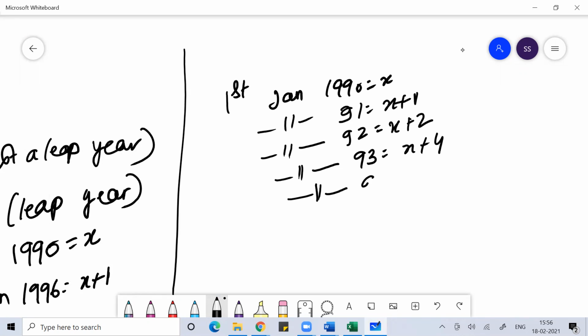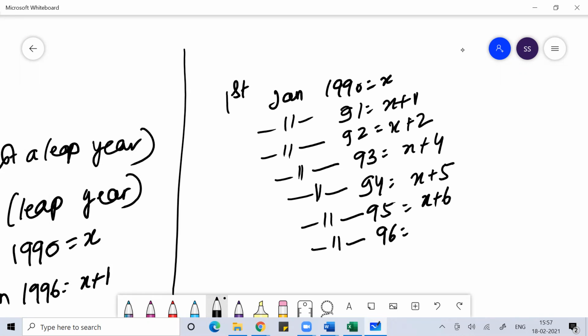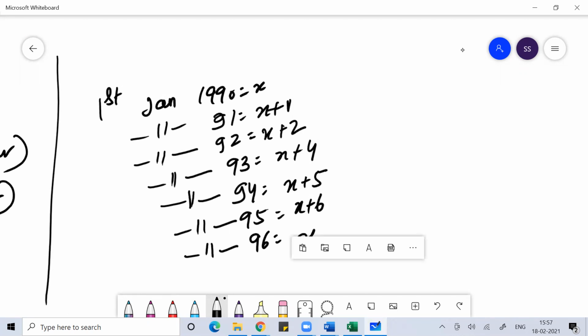Then 1st January 1994 will be X plus 5, 1st January 1995 will be X plus 6, and 1st January 1996 will be X plus 7. X plus 7 means 1 week complete, means X. So you think that 1st January 1990 and 1996 are the same, but you need to understand 1996 is a leap year, while 1990 was not a leap year.